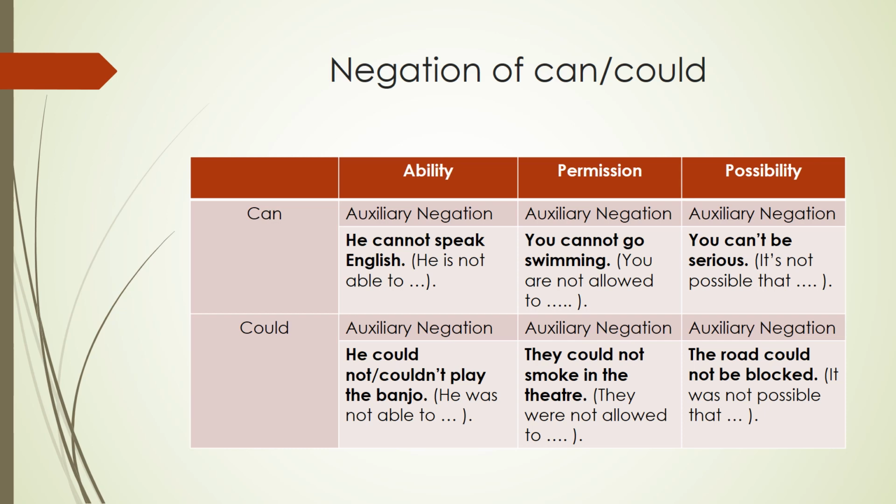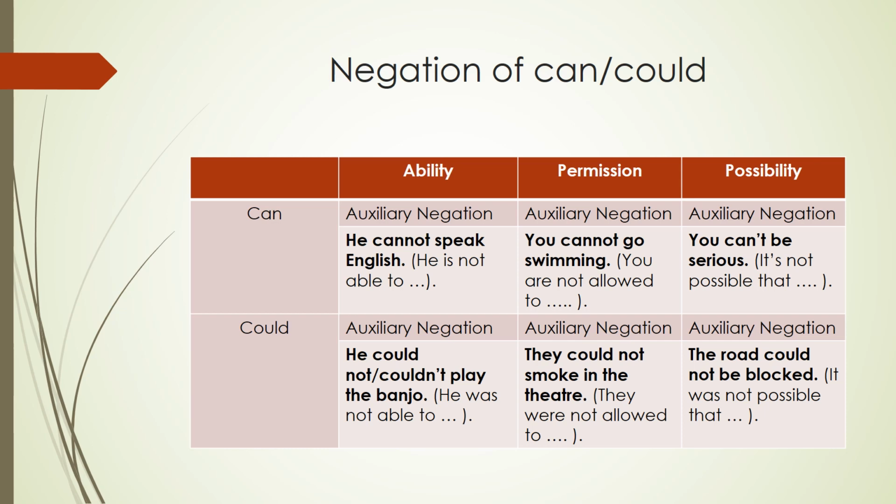You know that can and could can be used to indicate three meanings: ability, permission, and possibility. So these two modal auxiliaries, with all their three meanings, follow one pattern in negation, which is what?